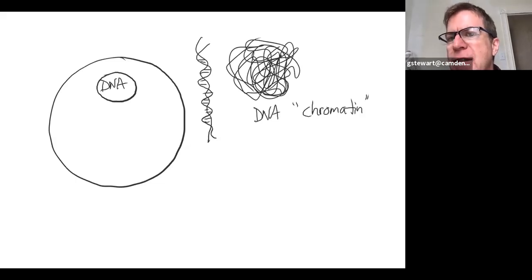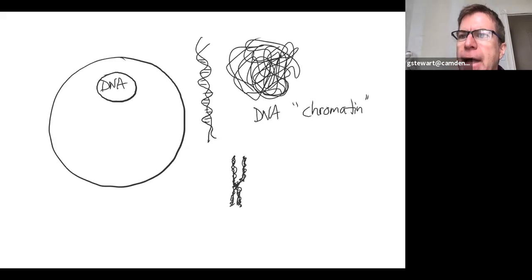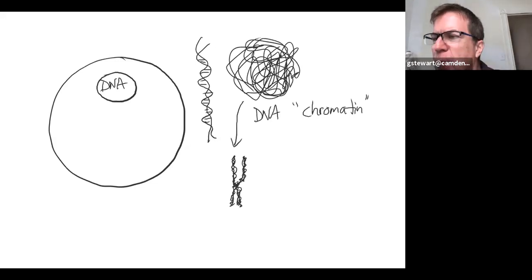It's only when the cell is getting ready to divide or replicate that DNA actually packs together into chromosomes, this really specific arrangement that looks like this. I'm just drawing a typical chromosome. Chromosomes are just this mess, chromatin, that has become organized and tightly coiled.